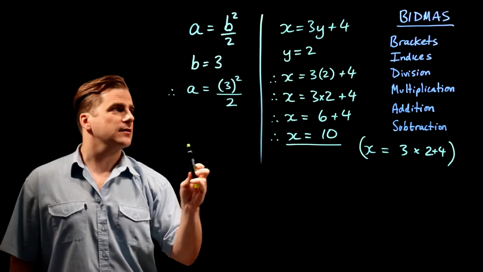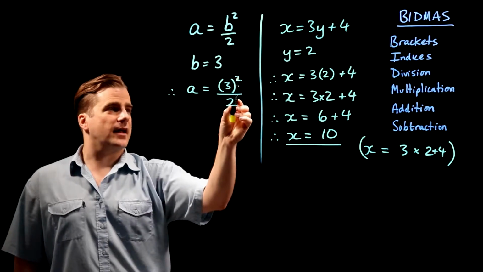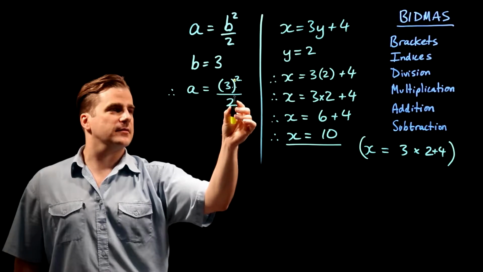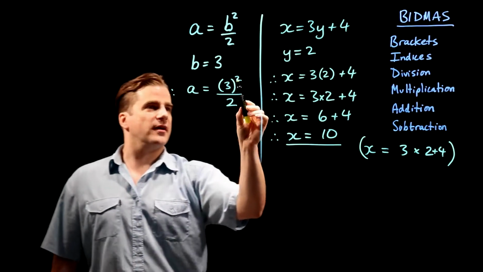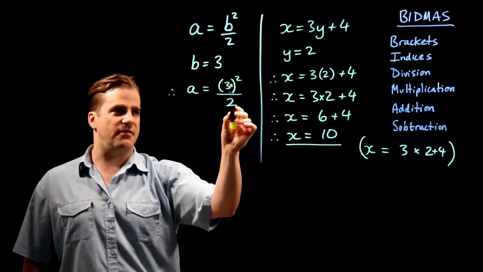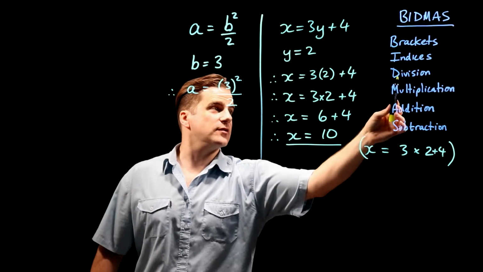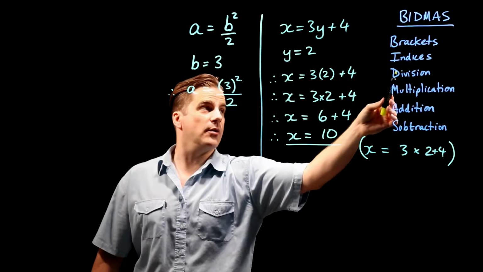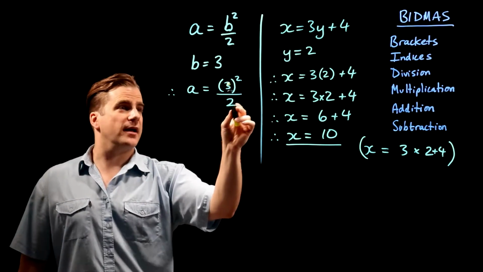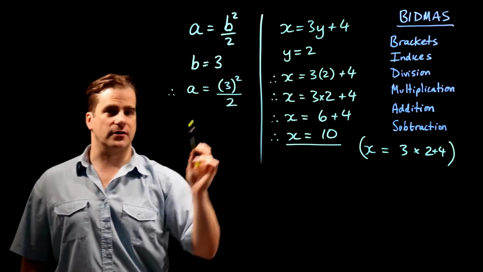So next is indices. That means squaring, cubing, that kind of thing. That's an index. So we have to evaluate the index thing first before dividing by 2, because division comes lower than indices. So therefore we have to do 3 squared first, do the index thing before the division by 2.